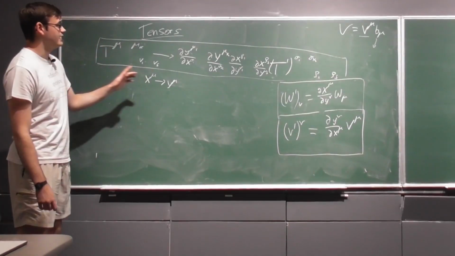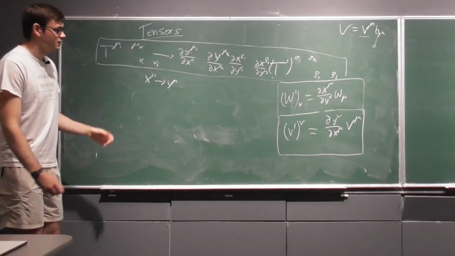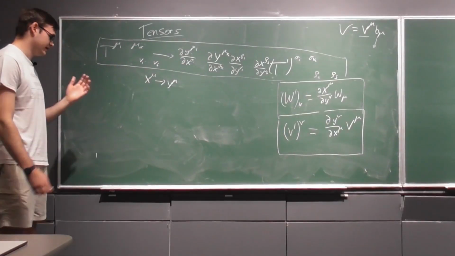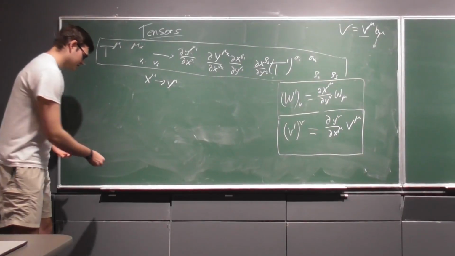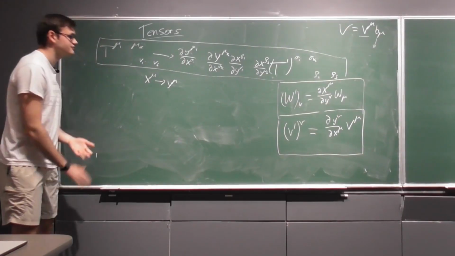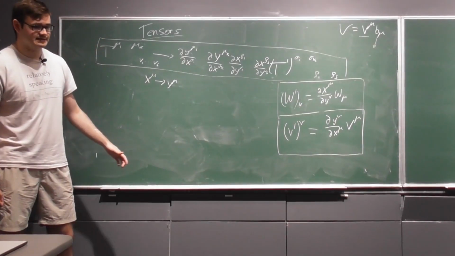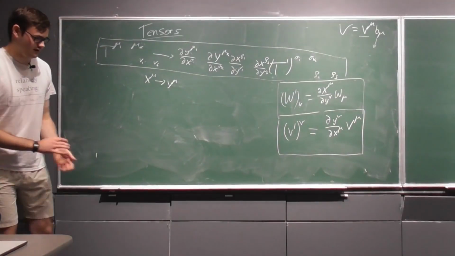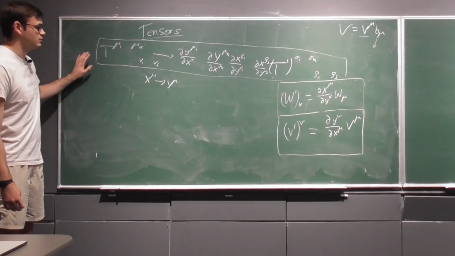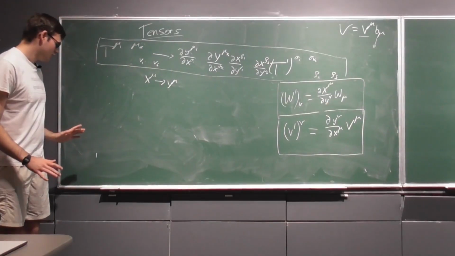So just this way, these tensors, when we contract them with their bases, will be invariant objects that we can use in any coordinate system, and they'll always satisfy. So if we write down laws of physics in terms of tensors, we will automatically satisfy the principle of general covariance. That's what we want to do. So that's why we use tensors, and this is how they look. Very, very messy. But let's make it simple.